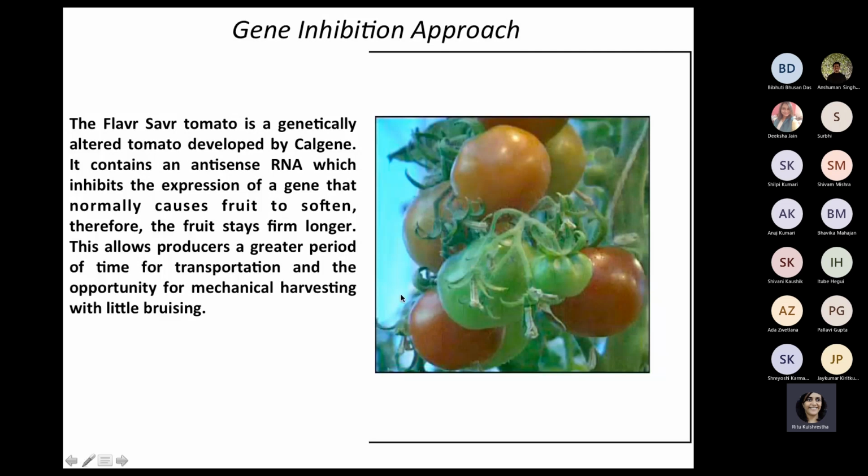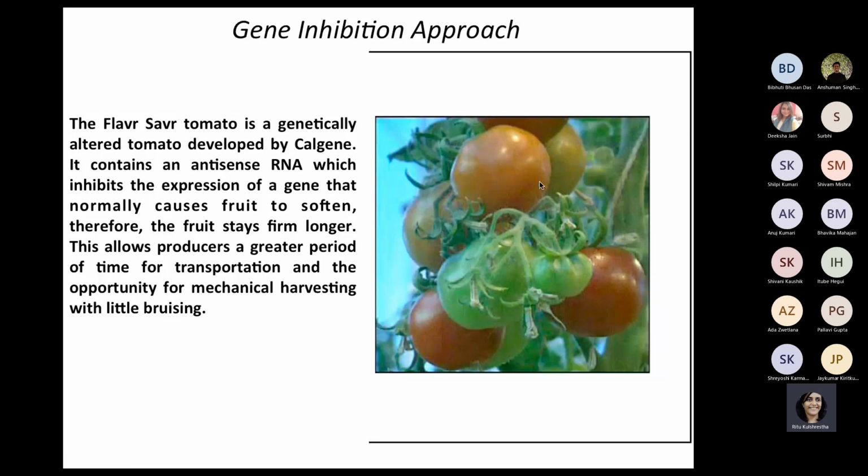But that was not a good option, because then the flavor of the tomato was lost. A tomato has to be harvested at a particular stage only, when you have a perfect flavor. And they had to find a way so that even when they pluck the tomato at this particular stage, the ripening process is not fast, and they are able to take it to the market without affecting its quality, and the fruit stays firm and is not damaged.